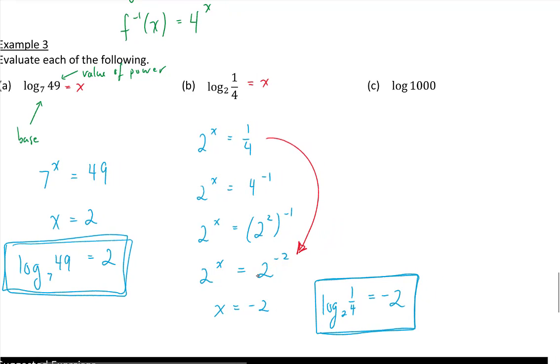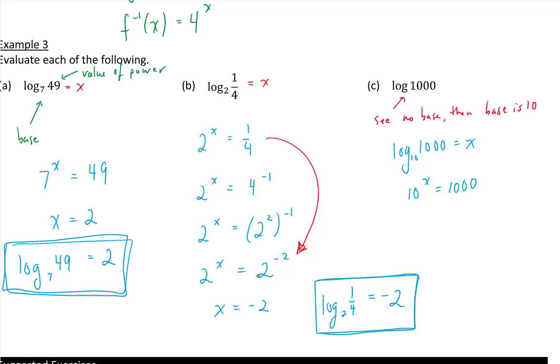And for our last one, notice I don't see a base here. If you don't see a base, then it's base 10. So this would be the same as log base 10 of 1000. If I let that equal x, I'm looking for whatever exponent on 10 will give me 1000.